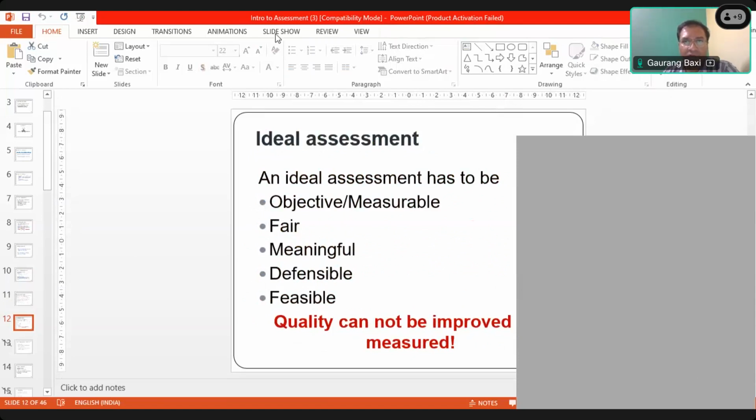Okay, so now we are all familiar with the different methods of assessment which we are commonly using. Can we have a list? What all methods of assessment are we familiar with?